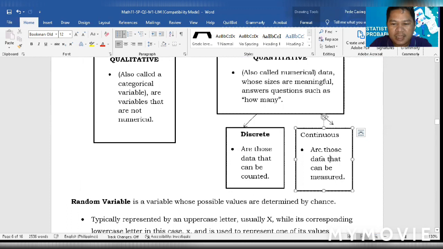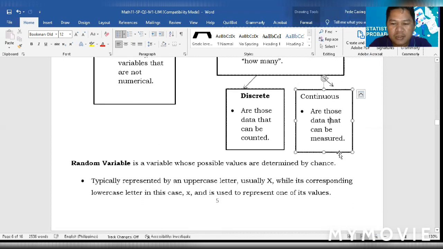When you click it, you can get the measure of the temperature. That is a continuous random variable. Or a weighing scale: your weight for this semester. Using the weighing scale, you get your weight. That is a continuous random variable because the data is measured.